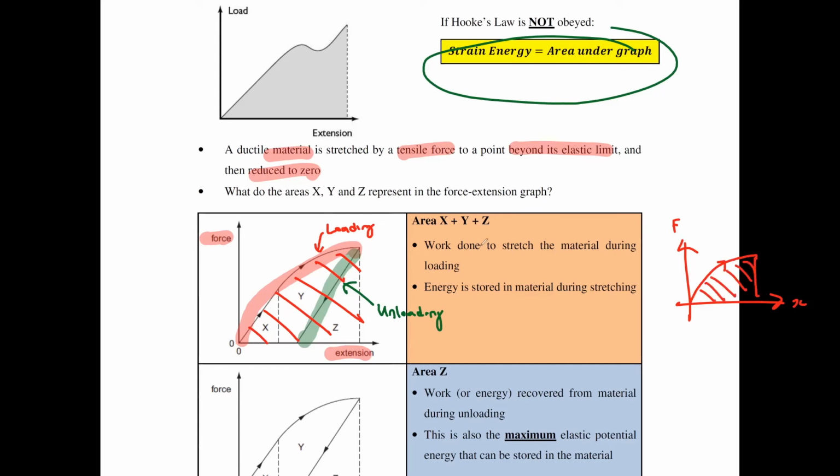Area XYZ represents the work done to stretch the material during loading. Energy is stored in the material during this stretching as EPE or strain energy. Okay, this is what area XYZ represents.